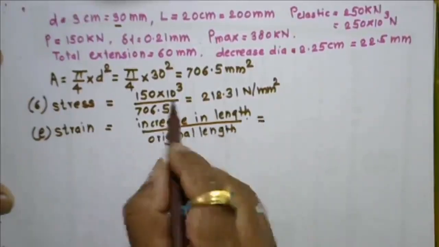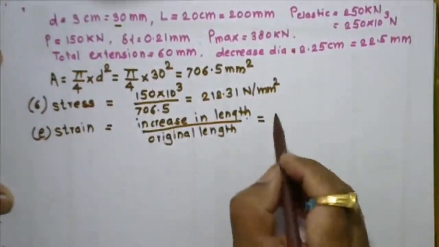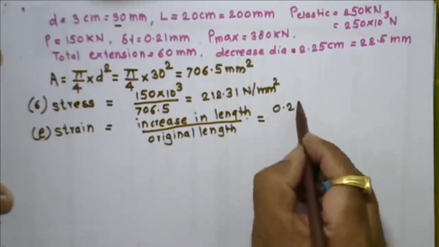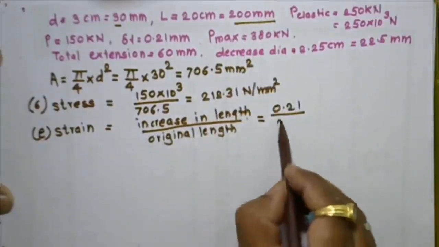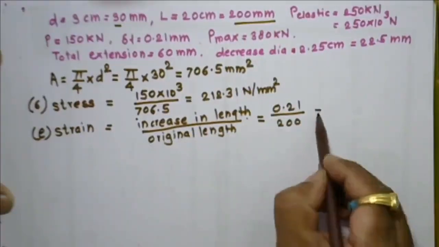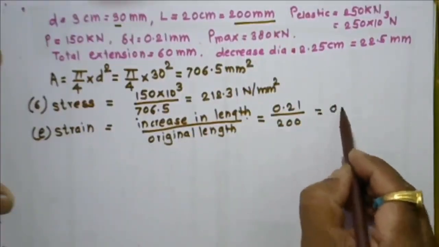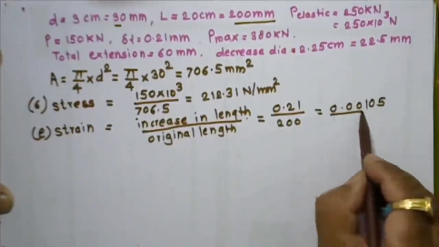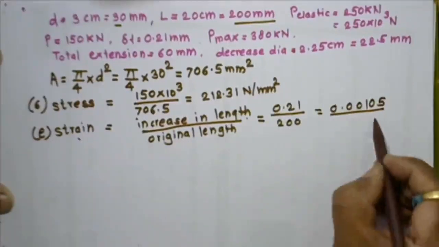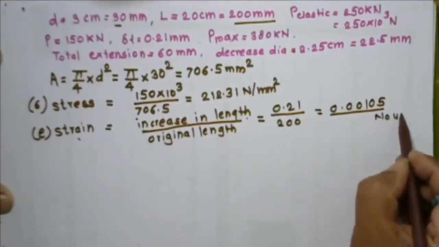Increase in length for 150 kN is 0.21, original length is 200 mm. So strain is equal to 0.00105. It is a strain, so no unit.